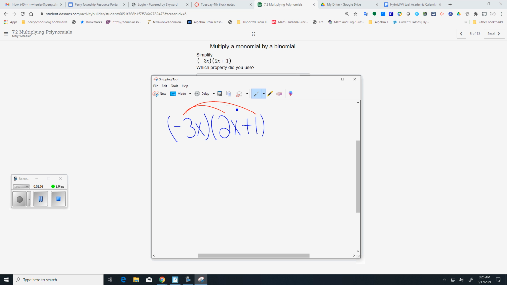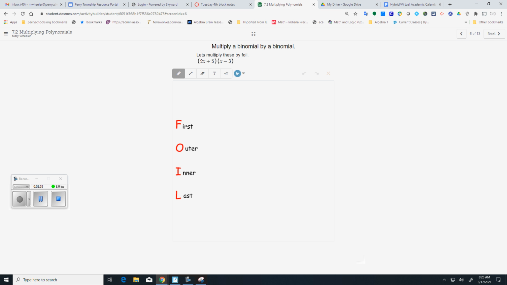So negative 3 times 2 is negative 6, and then we take our x times our x, and we get x squared. And then negative 3x times 1 would be minus 3x. And that's our final answer for this one, because we don't have any like terms to combine on this one.